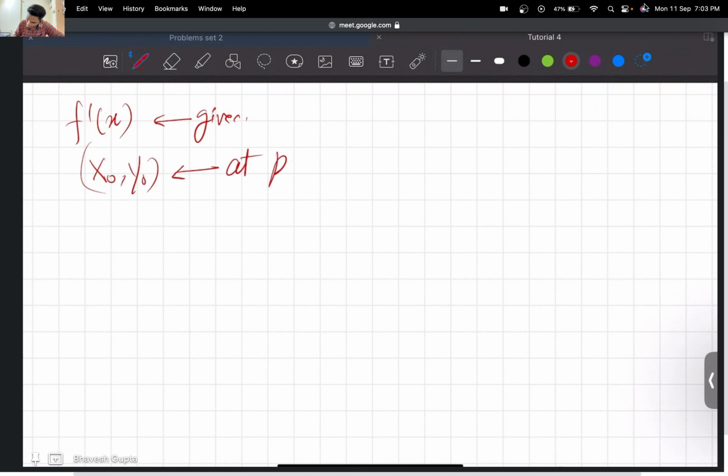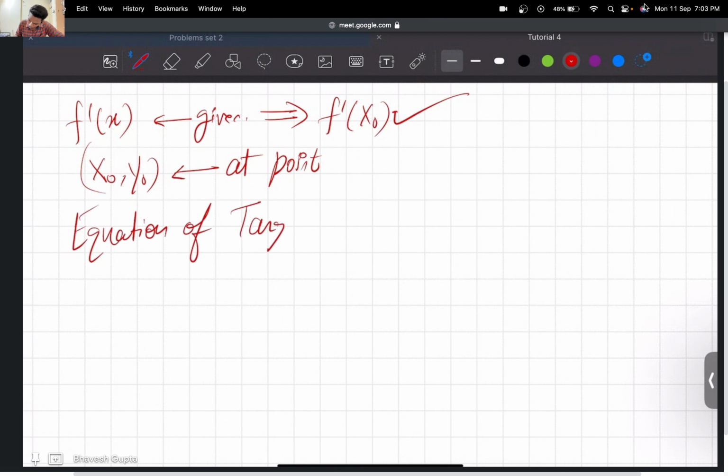That means you know the slope at that given point, and the only thing left is the equation of the tangent. We will use the slope-point form.